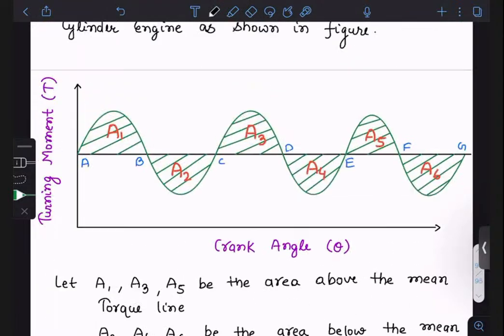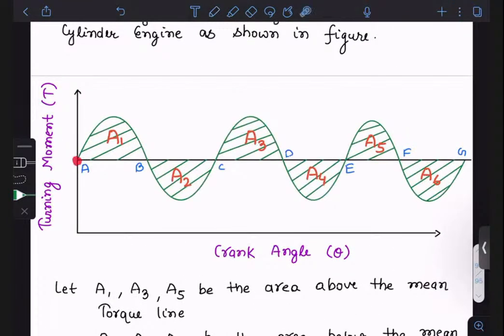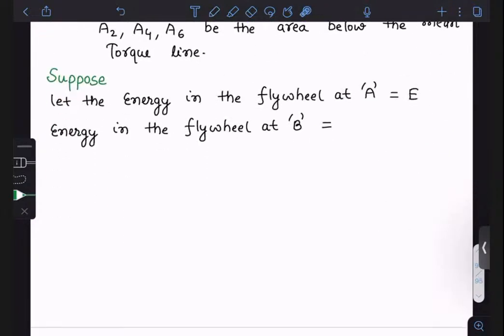What is going to happen at point B? That is E, energy at point A. It will be E plus A1. A1 energy will be there.